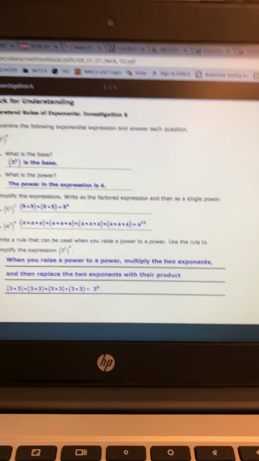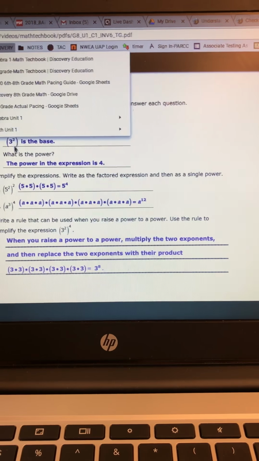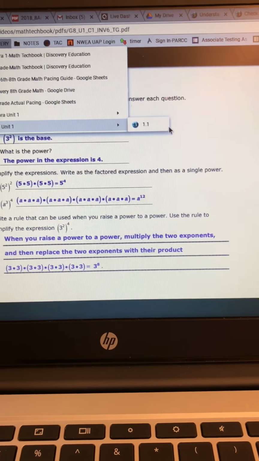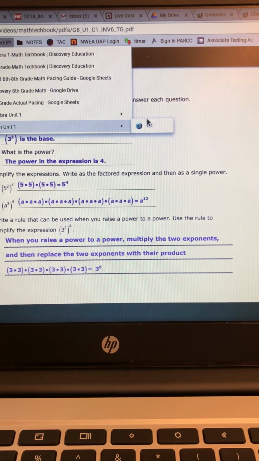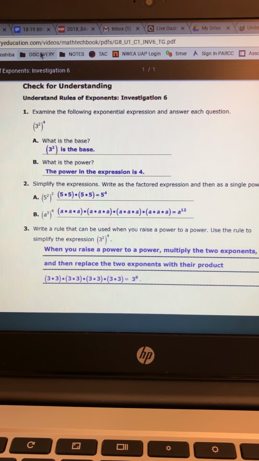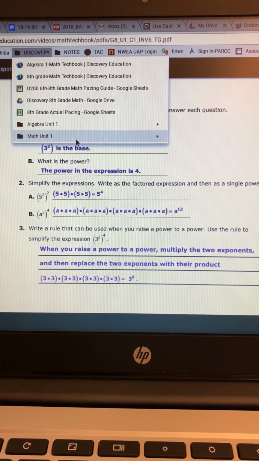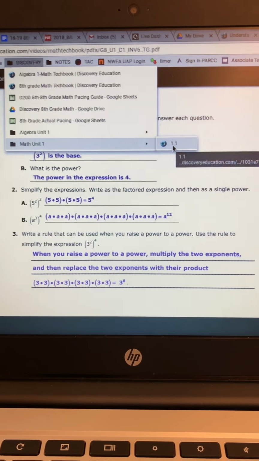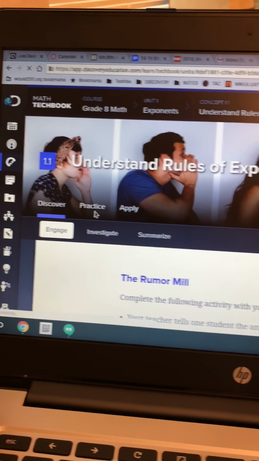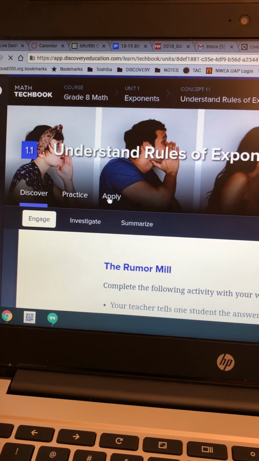So I'm going to go back in through Discovery, Math Unit 1, and then I'm going to click on the bookmark we created, Math 1.1. Now I have Discover, Practice, Apply.